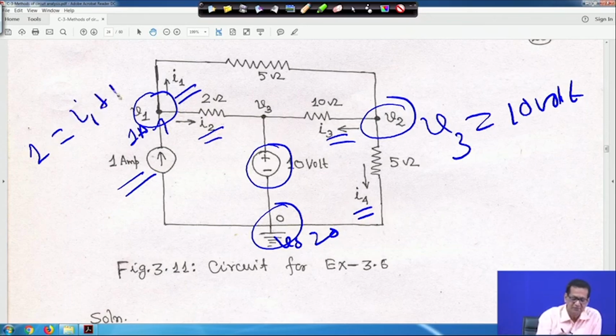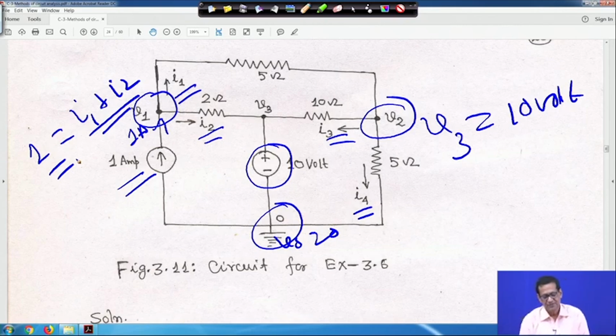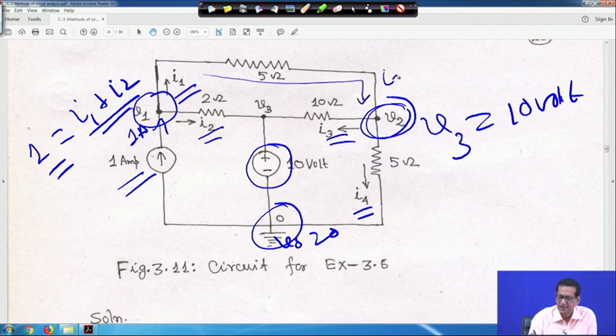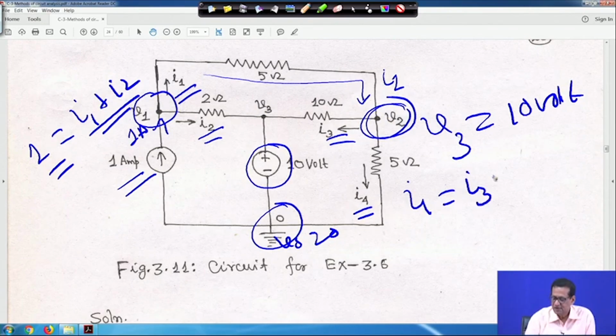So, I1 plus I2 is equal to 1; this is one equation. Similarly, if you apply KCL at this node, the I1 current is flowing like this into node 2, and I3 and I4 are leaving. So, I1 is equal to I3 plus I4.